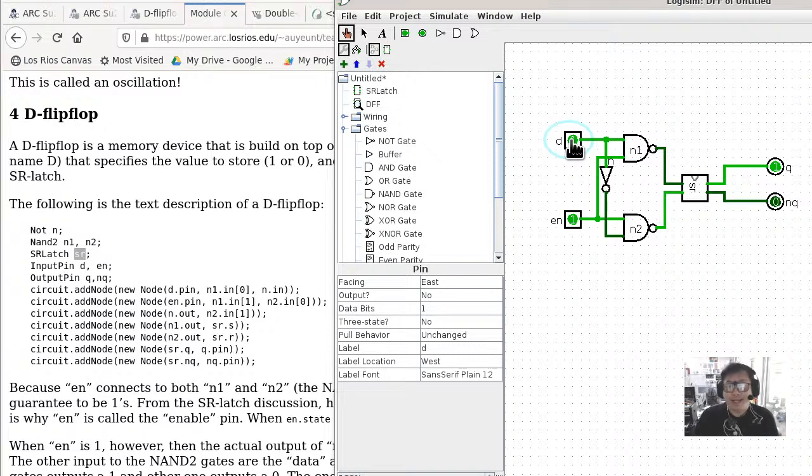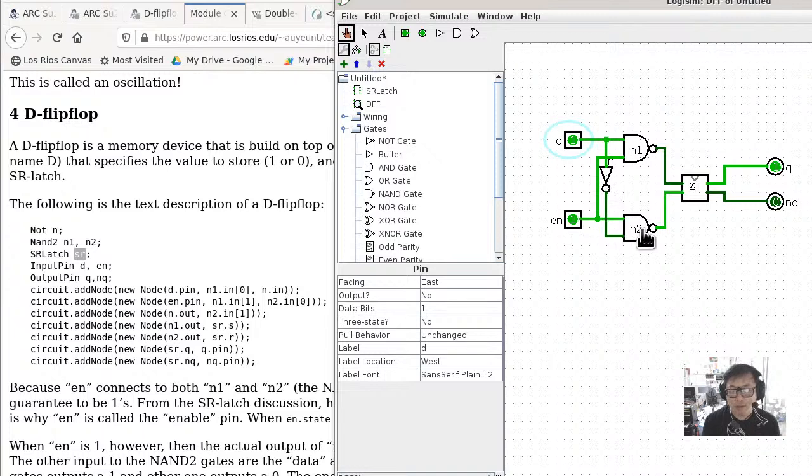S and R are flipped at more or less the same time, but they are of different states. They're not exactly the same, Richard, because one has to go through a NOT gate.